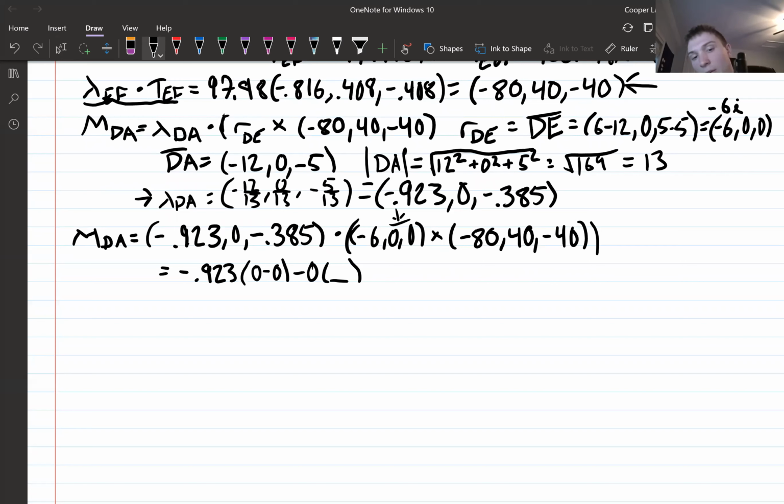Then you go back to addition, and you add negative 0.385 times my cross product, where my x value times my y value gives me negative 240, subtracted by my x value here times the y value, which gives me 0.